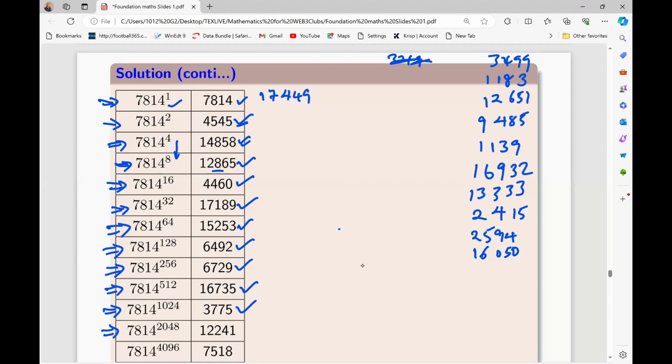Our divisor is the same, 17,449. Goes there 816 times. What is the remainder? The remainder is 12,241.